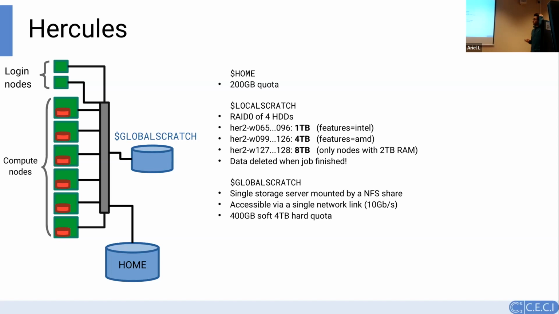So now going into the details on how Hercules is set up, Hercules is focused mainly on single core jobs, so serial jobs, or on parallel jobs which can run on a single node.